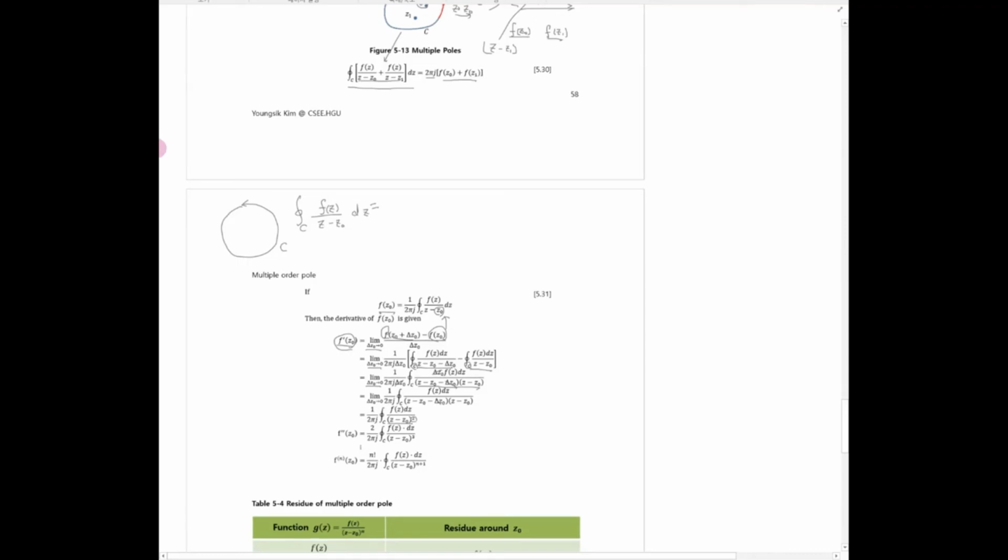This one is always 2 pi j times f of g0. This is the integration for first order.